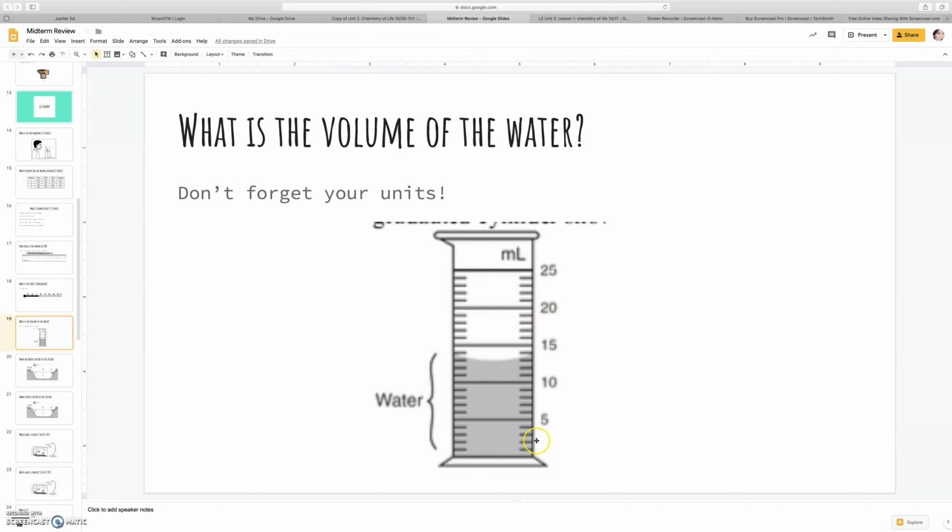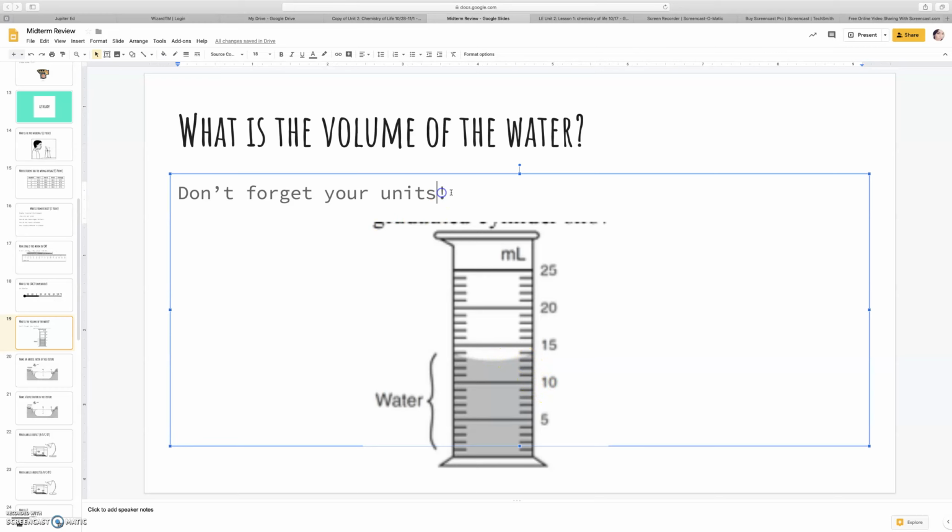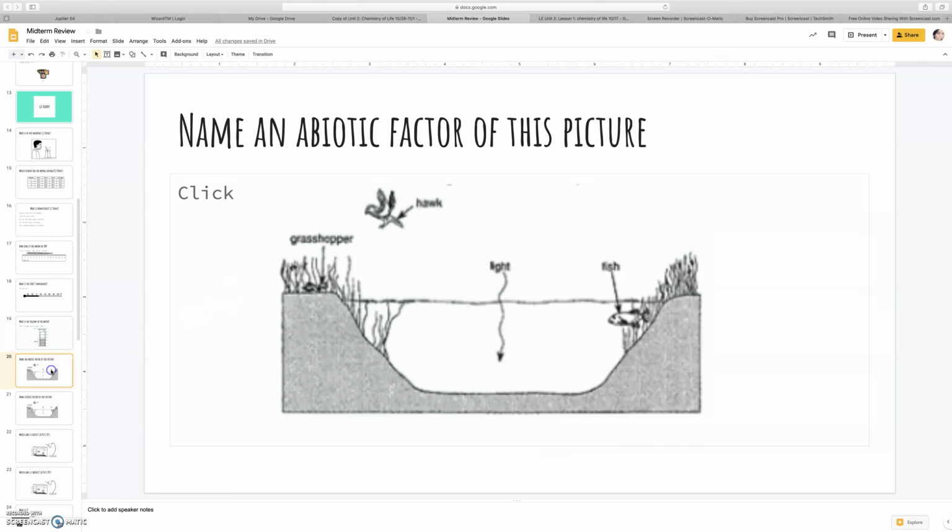So 1, 2, 3, 4, 5. And they put the 5. 6, 7, 8, 9, 10. And they put the 10. Let's see, be very careful. This is where it ends right here. The curvature is hitting this one. So this one's 10, 11, 12, 13. So this one is 13 milliliters. And we know it's milliliters because we have the unit right here.